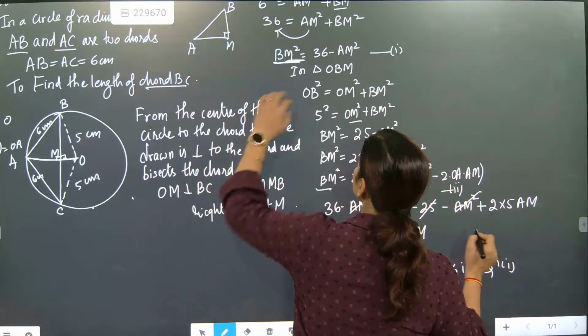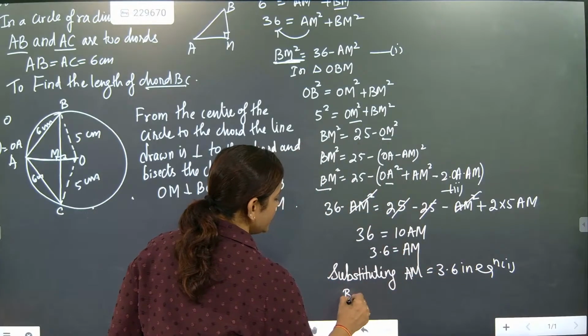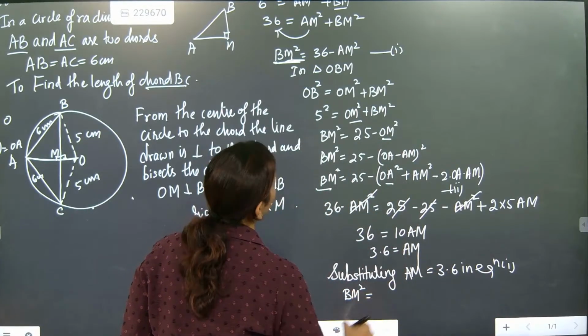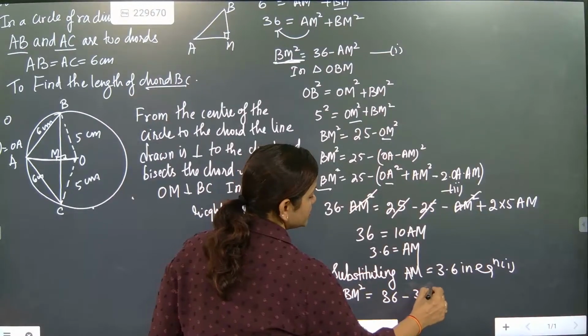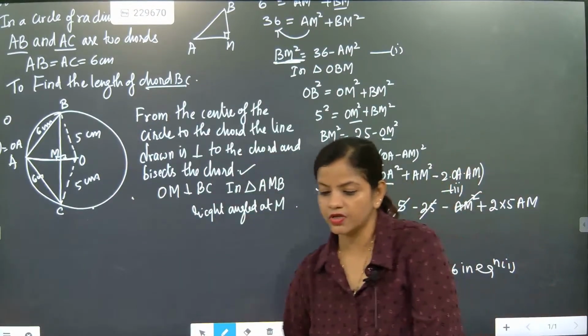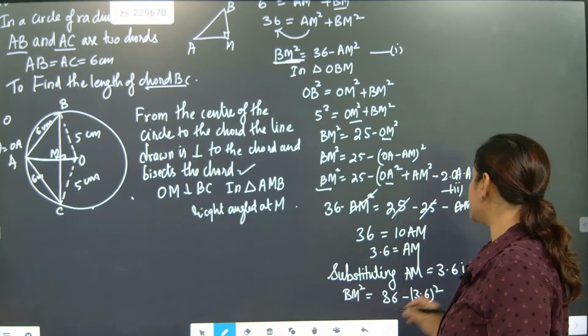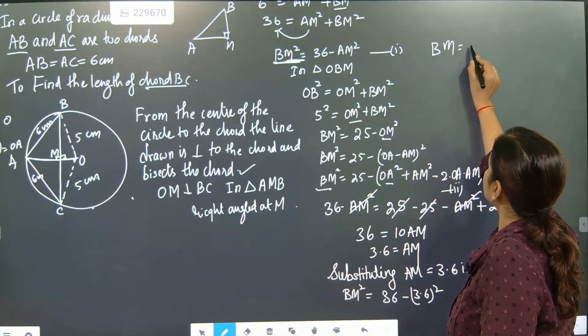So once you are substituting here in equation 1, what are you getting, beta? BM square is equal to 36 minus 3.6 whole square. So BM will be coming as what, beta?